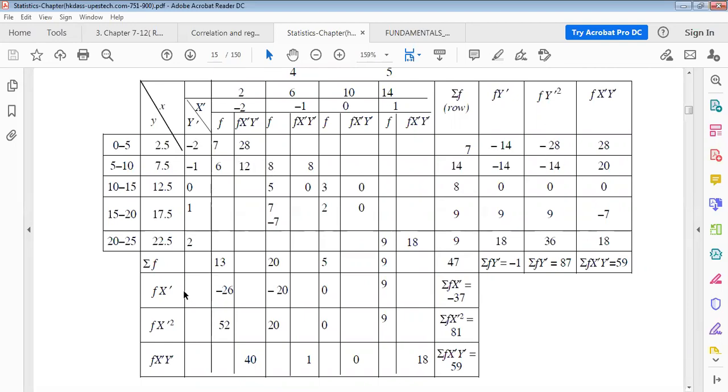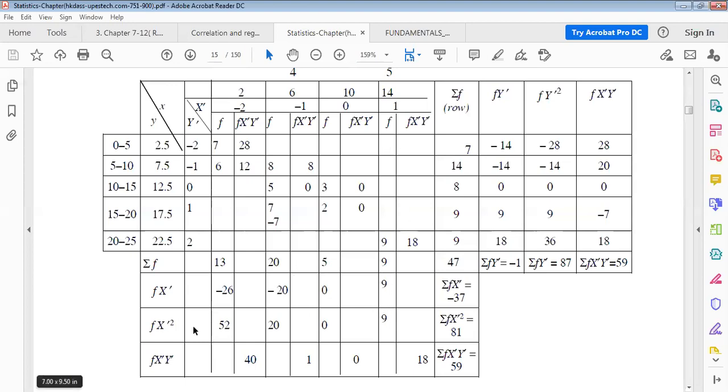Now f x dash will be the x dash values multiplied with the frequency. Making x dash square: x square means -2 whole square multiplied by frequency 7, then 26. Then -1 multiplied by 20. Then 0 multiplied by 5 is 0, and 9 multiplied by 1 is only 9.